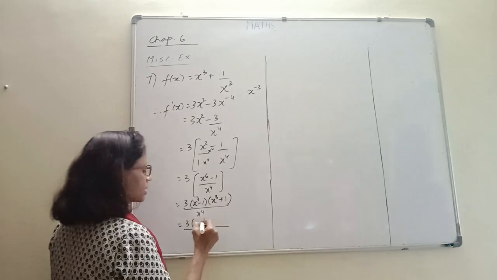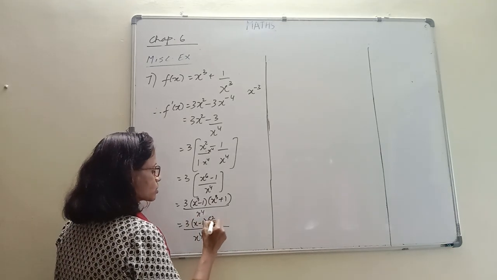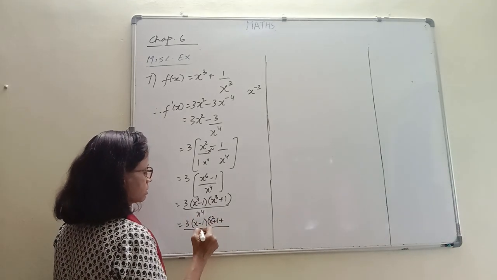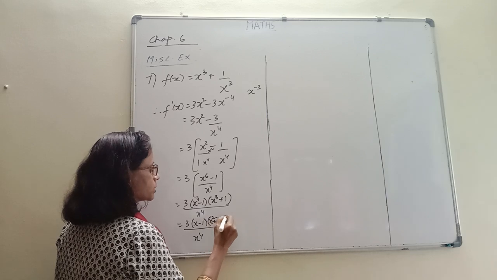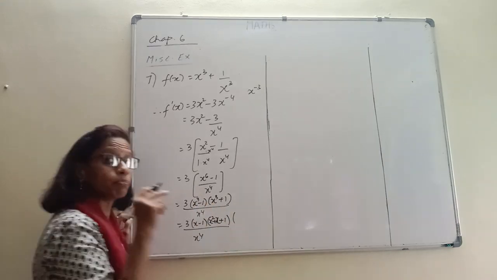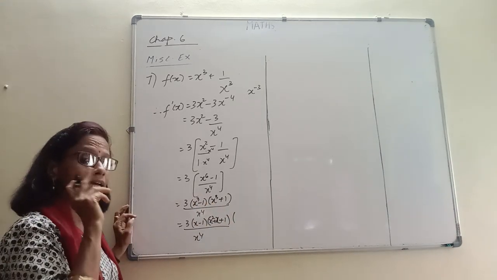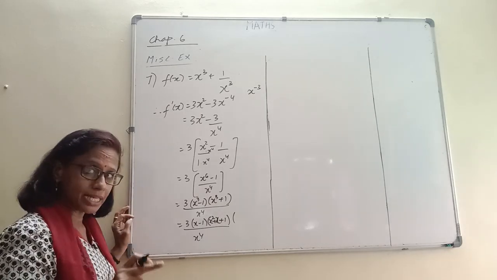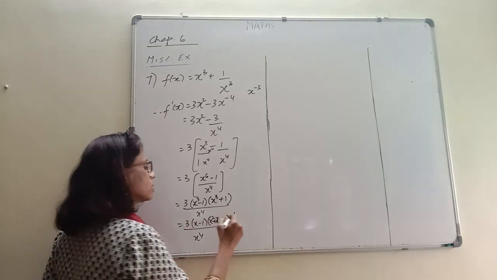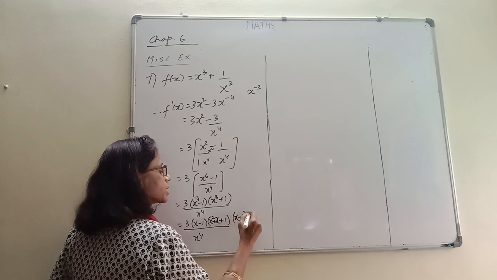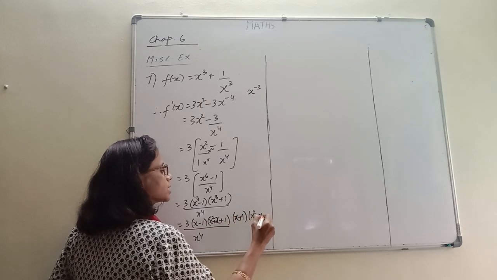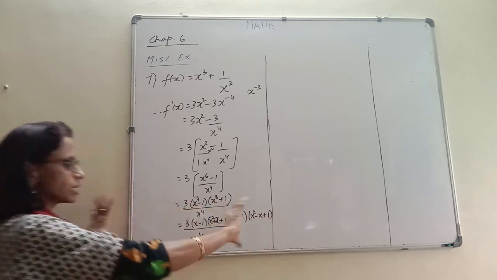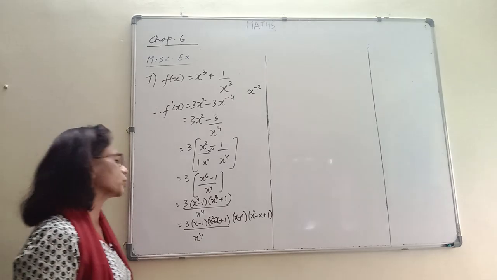So x minus 1 times x squared plus x plus 1. And a cube plus b cube splits as a plus b times a squared minus ab plus b squared. So x plus 1 times x squared minus x plus 1. So this is how it's split, and that helps us to get the critical point.